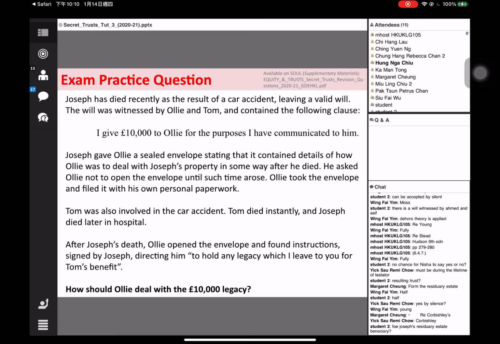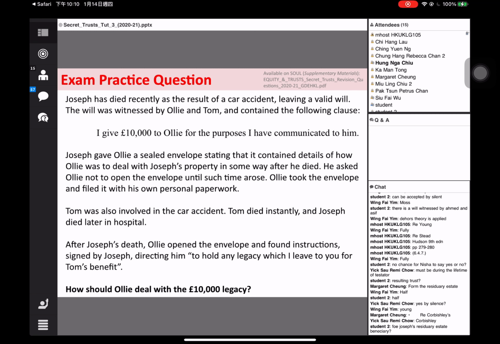Let me ask you just another question here, and this is not direct. It's sort of linked to this, and this is one context in which it could arise. Imagine Tom and Joseph both died instantly, at exactly the same time, and let's assume it's medically and scientifically impossible to prove who died first.